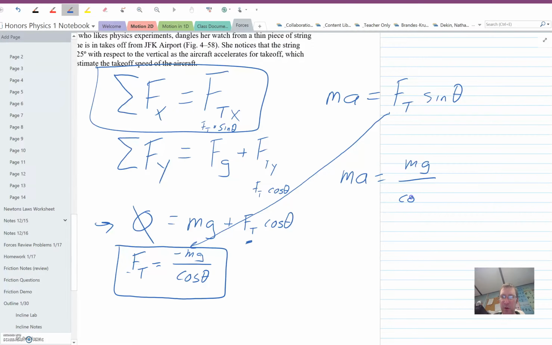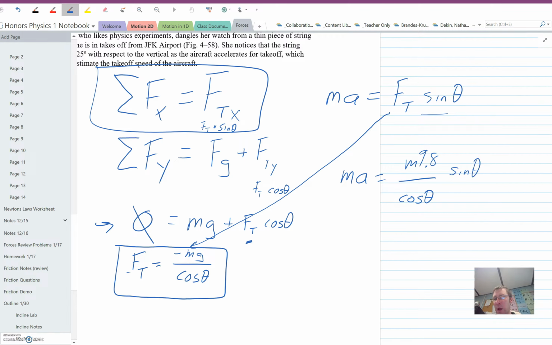Mg over cosine theta. And I'll just turn this into 9.8 so that we can get some of our numbers in. So I've just plugged in for the tension in the rope, and I plugged 9.8 in for g. And then the other part is just the sine theta.